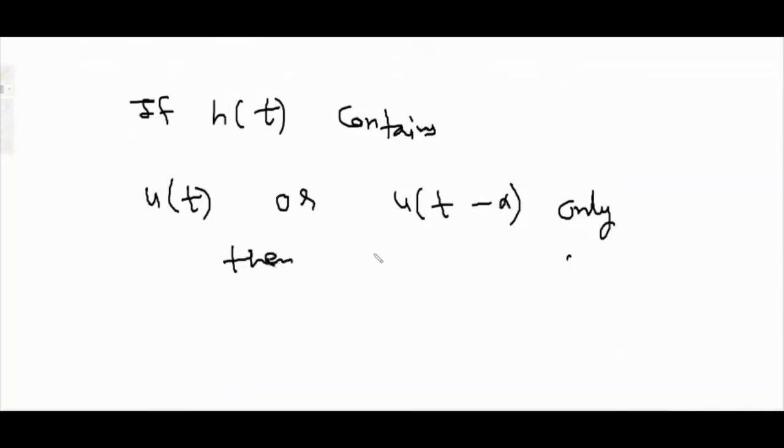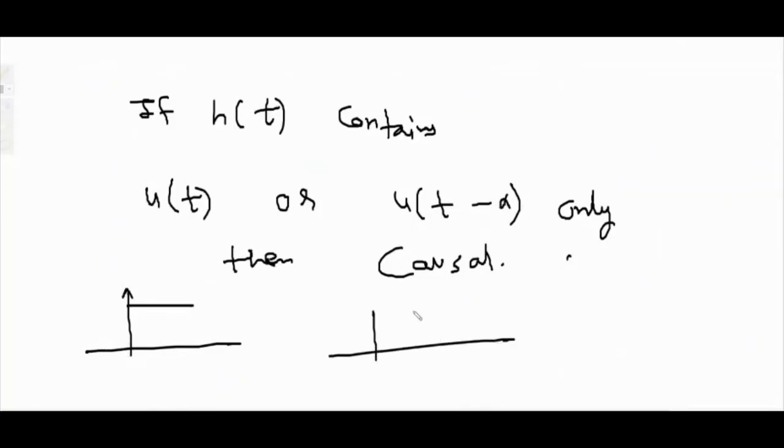The reason is that u of t is like this. It is 0 for negative values of t, and u of t minus alpha, where alpha is some positive constant, is like this. So again, for negative values of t, the signal is 0.